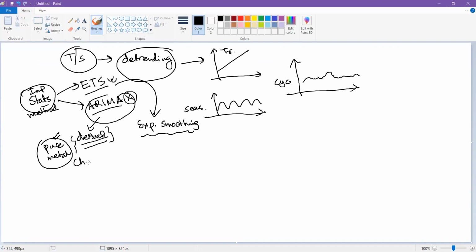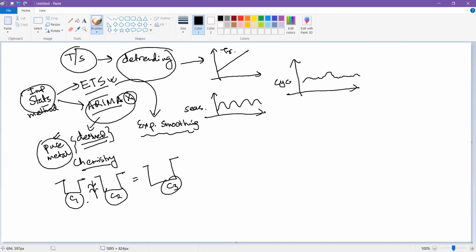It is like things that we have learned in chemistry in school, that there are actually chemical components, right? Let's say one is C1 and one is C2. If I'm doing an experiment and I'm able to somehow combine C1 and C2, let's say I'm doing a plus sign here, the combination is going to produce something which is C3, right?